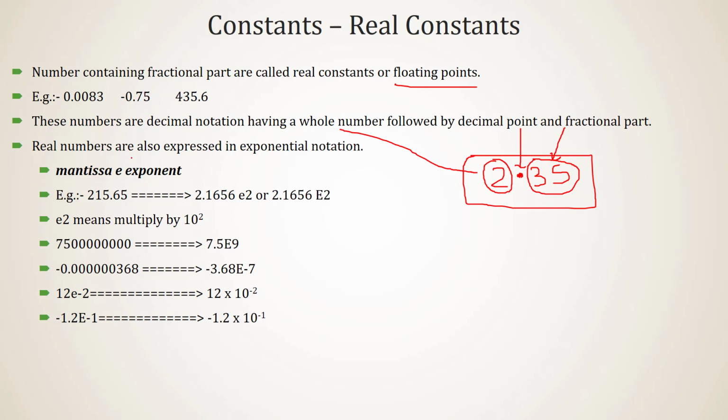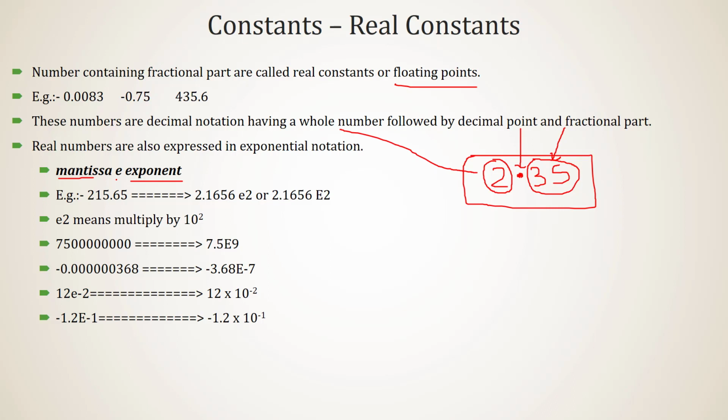Next, real numbers can also be expressed in exponential notation. So we can represent a real constant in another form also. It will contain two parts, mantissa and exponent, with the symbol E in between.